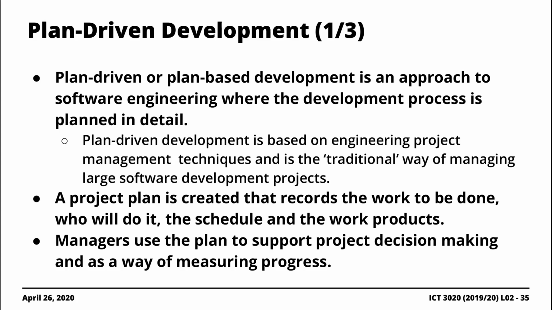Right? So key things here is your detailed plan needs to record the work activities or the work that is going to be done, who is going to do that work, so the individuals that are going to be part of the project, the detailed schedule associated with the work that is going to be done, specifics of the timelines, right?